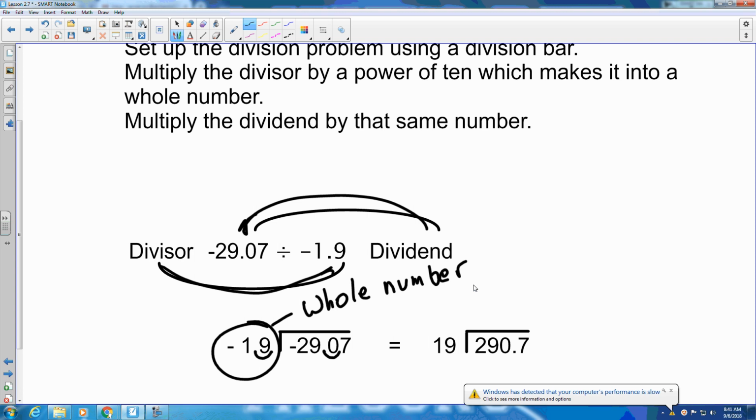So instead of it being negative 1.9 on the outside, it's now essentially negative 19. And instead of negative 29.07, it is now negative 290.7. And you get the same answer.